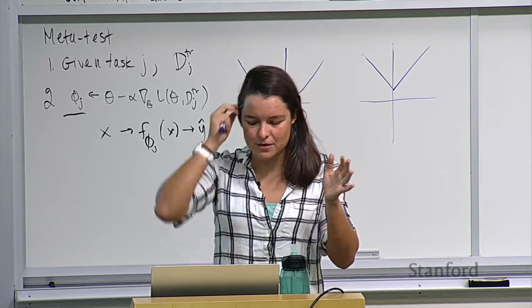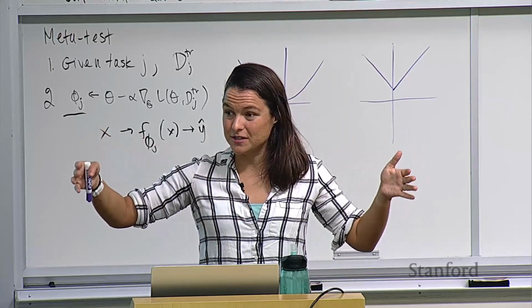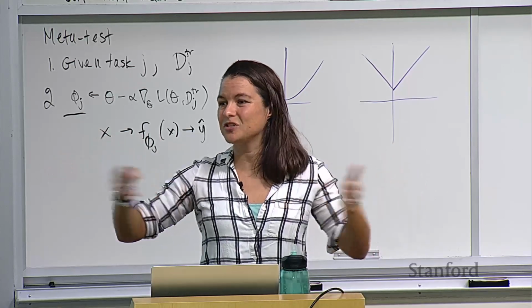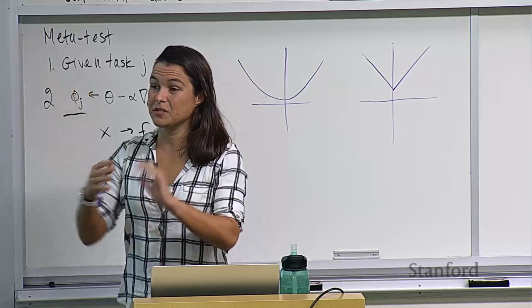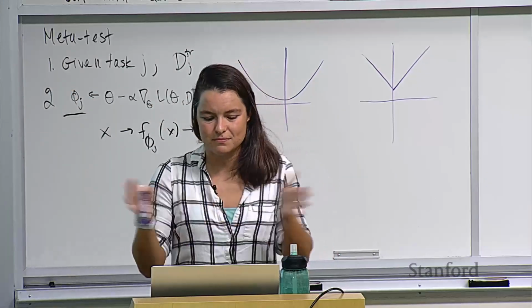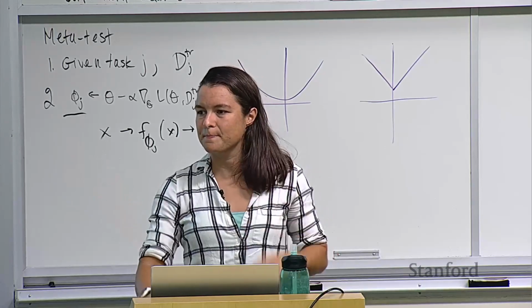For example, if you think about the gradient of 2 data points versus the gradient of 5 data points that are identical, the gradient is the same because it's just averaging across them. And so the learning algorithm isn't going to be able to count the number of data points you have, basically.